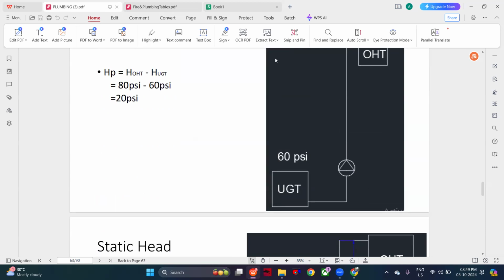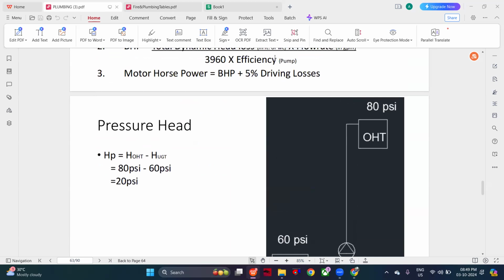One is suction and one is discharge. As a normal pump, our overhead tank does not demand any kind of pressure, so you don't have to worry about that pressure head. This pump will work on atmospheric pressure. Only if the overhead tank demands pressure do you have to find out the pressure head. For a transfer pump, you don't need to worry about it.